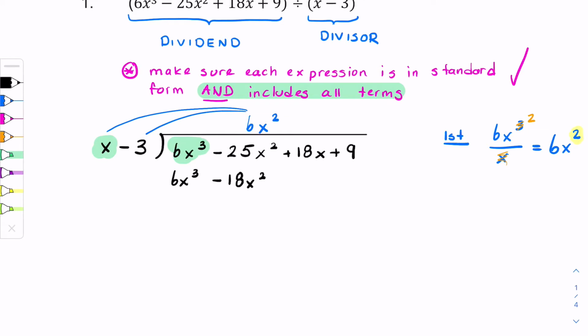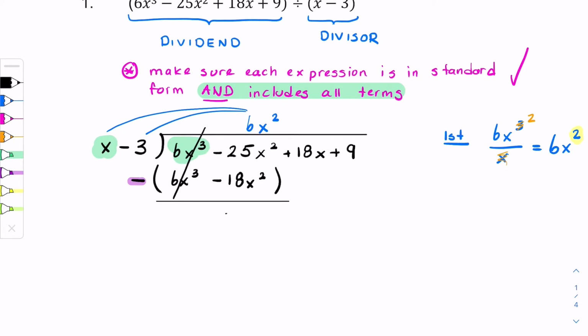You are going to subtract both of these. So put parentheses around your expression and subtract all terms. 6x cubed minus 6x cubed is going to be 0. Negative 25x squared minus 18x squared is the same thing as adding, because you're subtracting a negative, which is the same thing as adding.